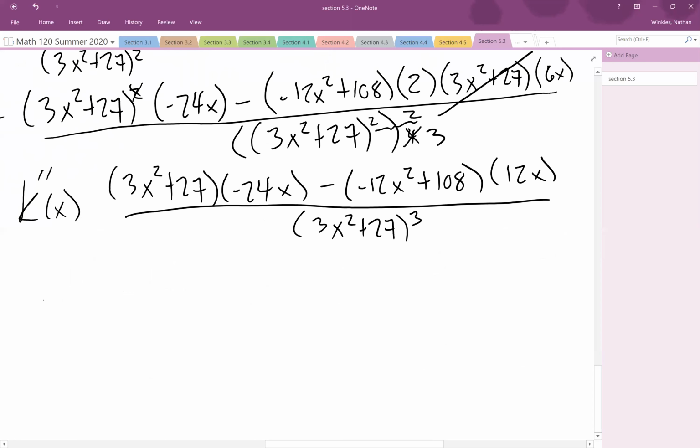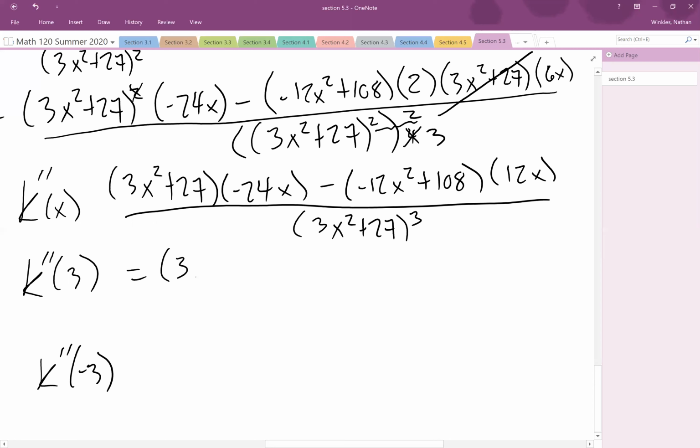Well, now let's plug in those two values that we got. K double prime of 3 and then k double prime of negative 3. This is in case you didn't realize that it was negative. I'm going to show you what's going to happen here.